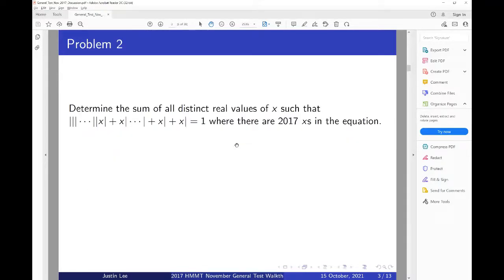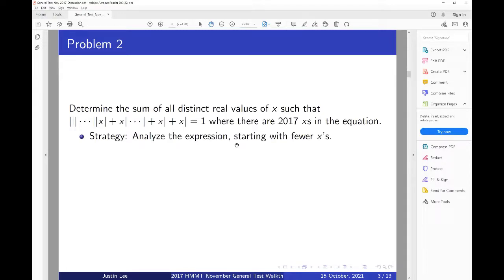Problem 2. We've got this absolute value expression where there are 2017 x's in this expression, and we need to determine the sum of all distinct values for which this equals 1. Let's start by analyzing the expression.